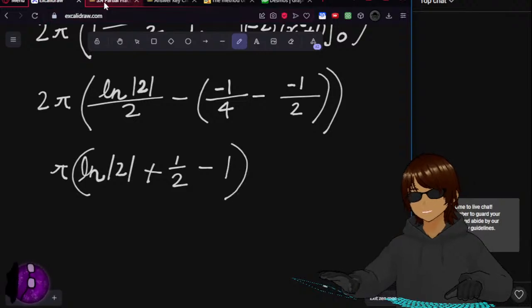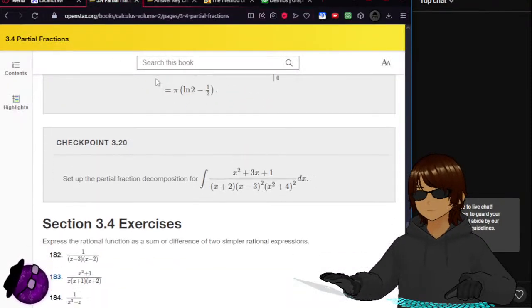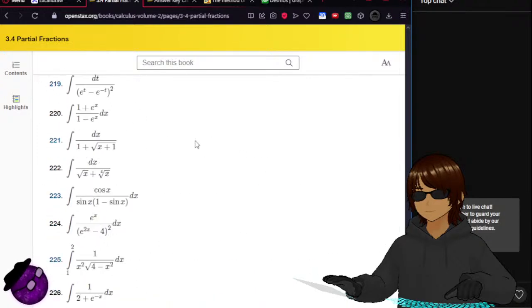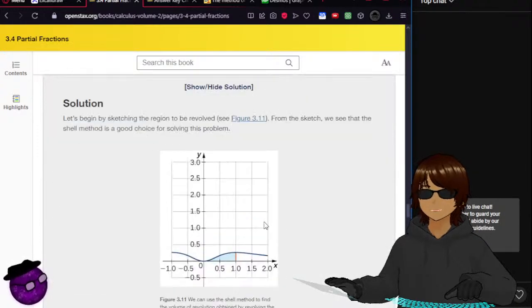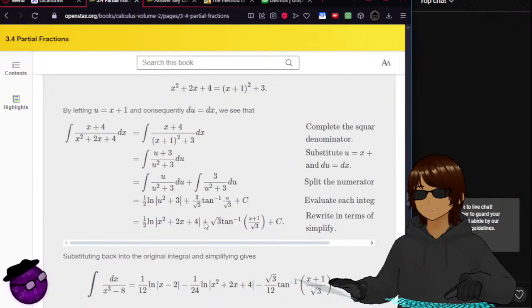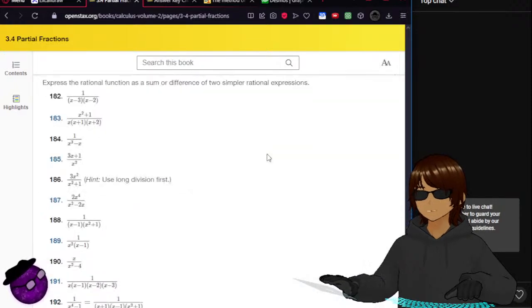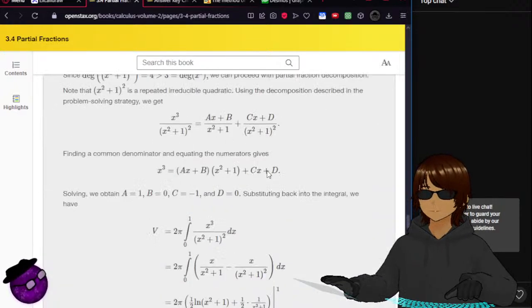So yeah, it is minus half. It's really long. It's not exactly fun.